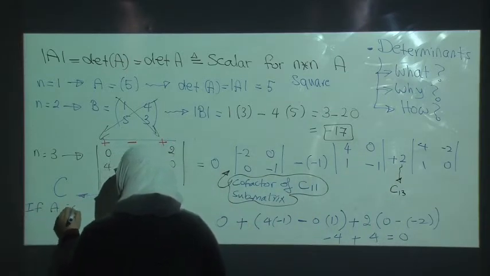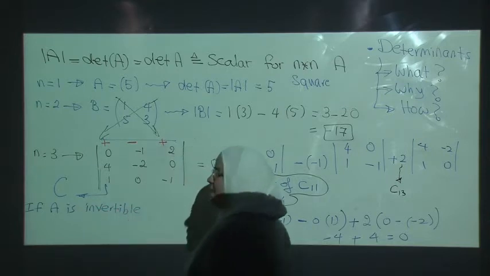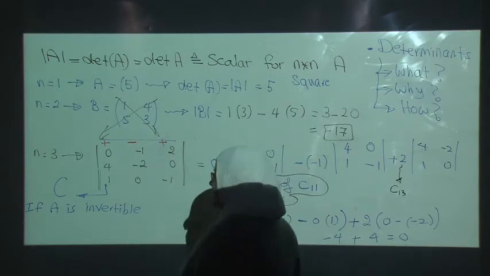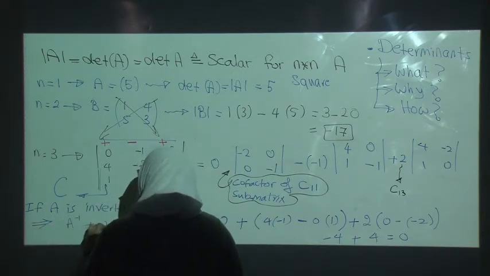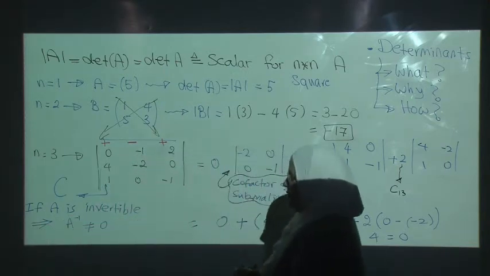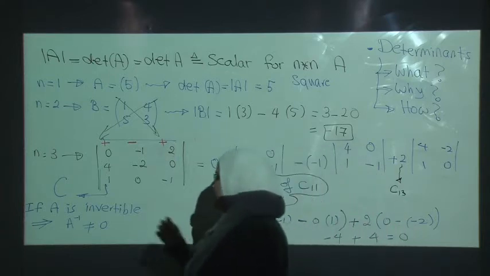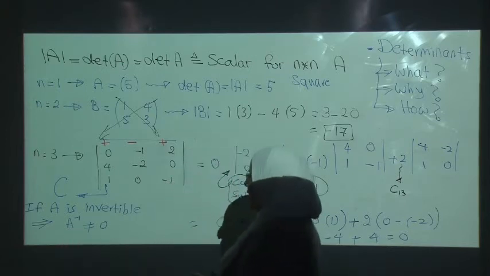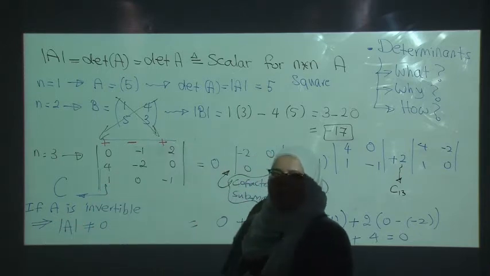If A is invertible, which means it's not singular, it has an inverse A to the -1. This implies that the determinant of A is not equal to 0.